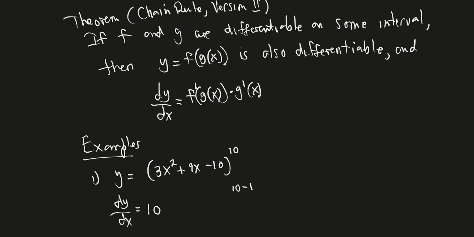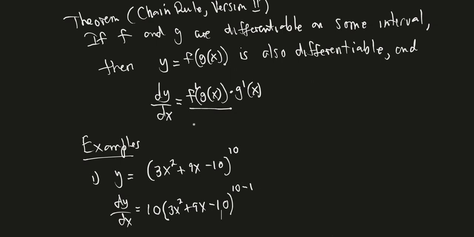It says you keep g of x the same, so g of x doesn't change as far as what's inside the composite. So if I have (3x^2 + 9x - 10) to the 10th power, then this first part of the chain rule says that now I'm going to have 10 times the same 3x^2 + 9x - 10, but now that's going to be raised to the 9th power, right?